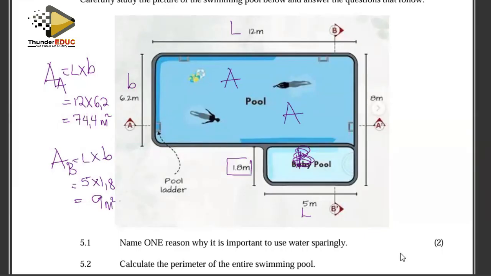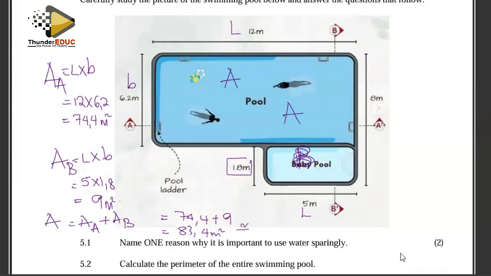We are not yet done. Why? The area of both swimming pools. Area of A plus area of B should equal, I'm trying to add them up, 83.4 meters squared. Let's round off to the nearest meter squared, because they said to the nearest meter squared.